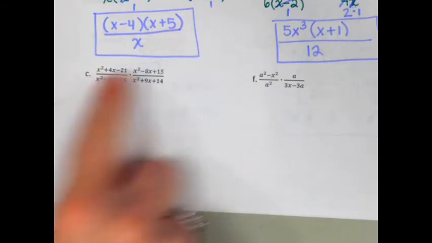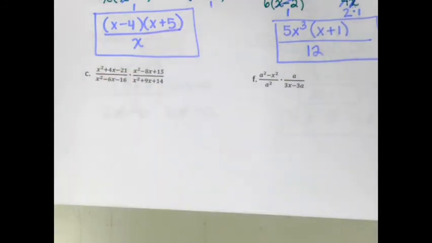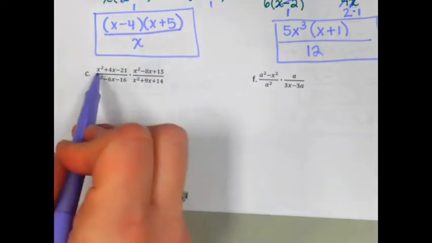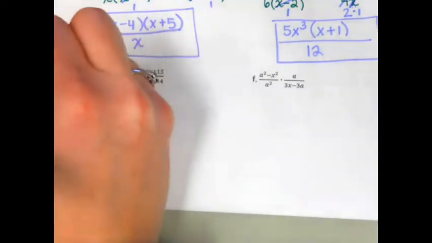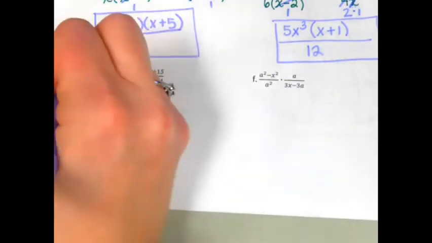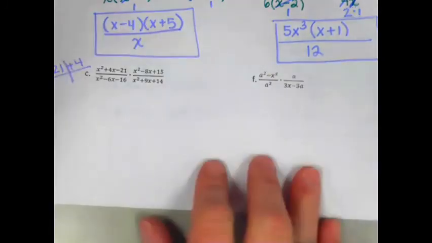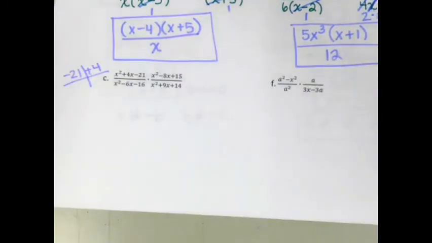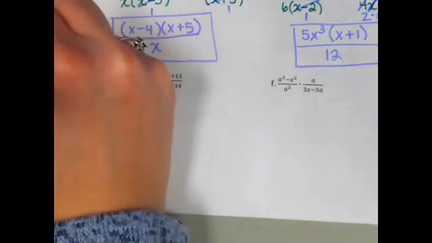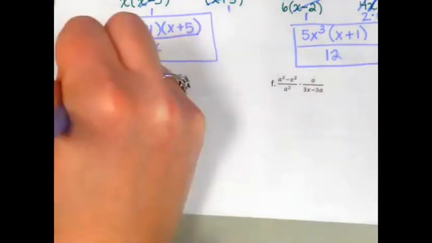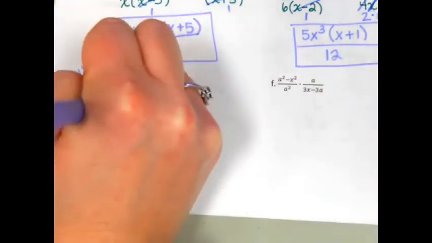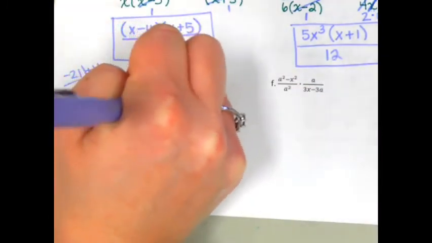Again, A's all 1 here, makes it a little bit easier, right? What times what is negative 21 that adds to be a positive 4? 7 and negative 3, perfect. So we have x plus 7, x minus 3 over.